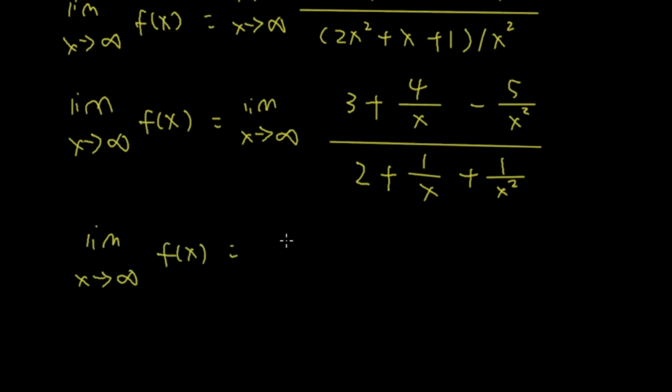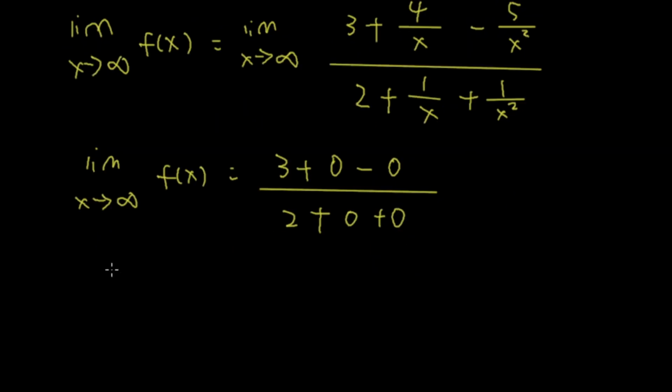Now 3 is not affected. Now plus 4 over, now this is infinity now. That will be close to 0. Minus 5 over infinity squared, close to 0. Divided by 2 is not affected. Plus 1 over infinity, close to 0. Plus 1 over infinity squared, close to 0.